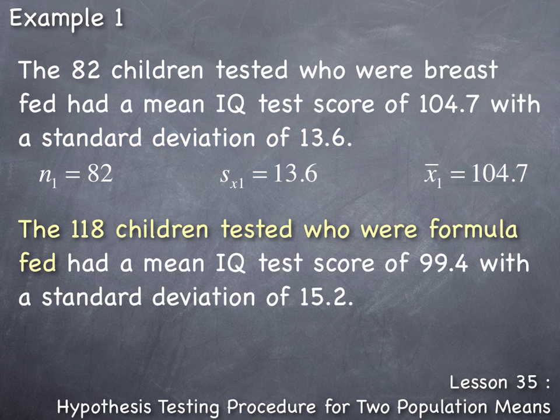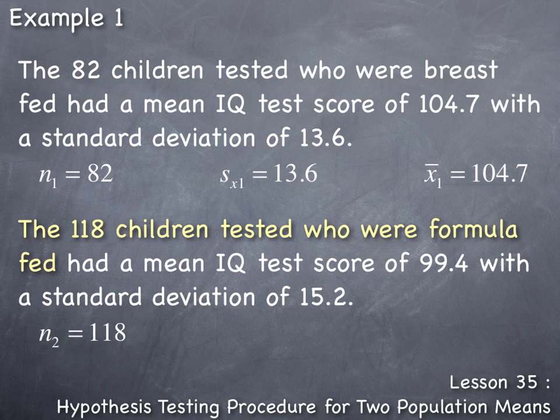Now, the 118 children tested who were formula-fed is the sample size for the second sample, because these children were from the second population. So n2 equals 118.